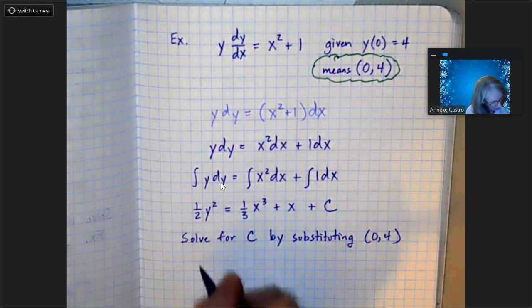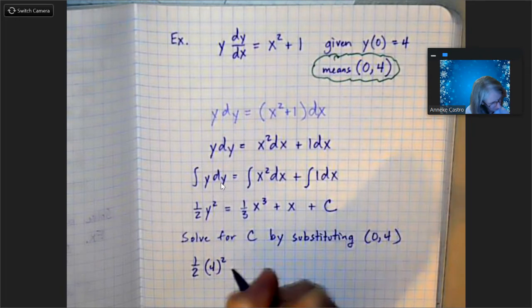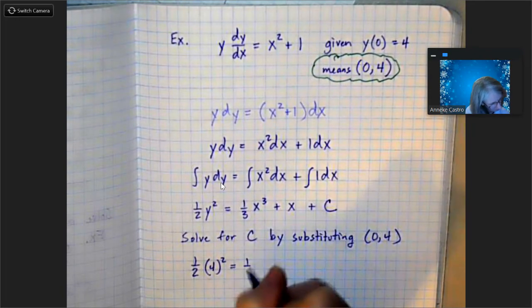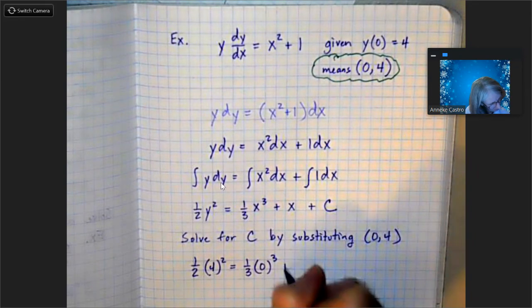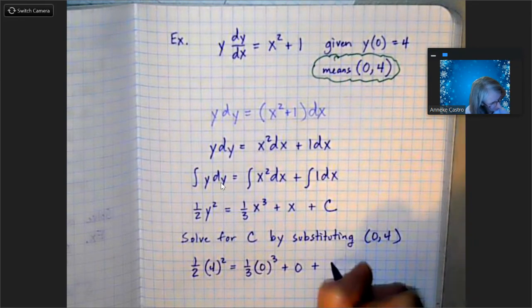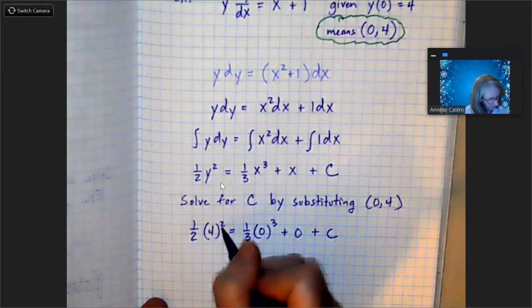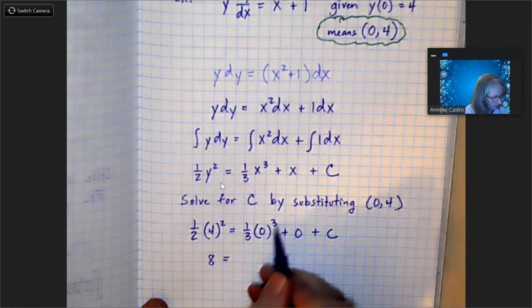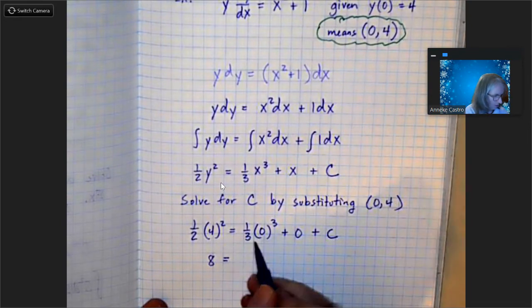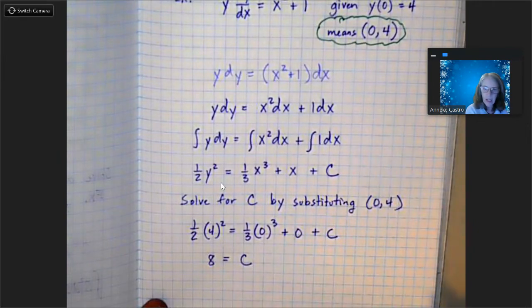So I'm going to put that in. 1/2 times 4 squared is equal to 1/3 times 0 cubed plus 0 plus c. Now if I simplify that, 4 squared is 16, half of 16 is 8. 0 cubed is 0, 0 times 1/3 is 0, 0 plus 0 is 0, 0 plus c is c. So my constant of integration is 8.